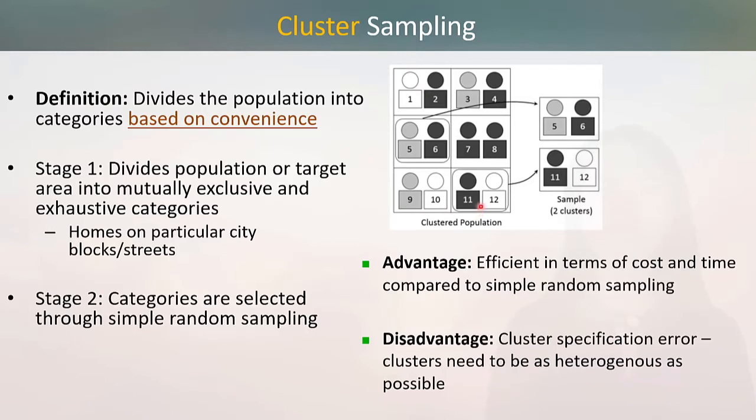The advantage of this sampling method is that it is cost and time efficient. However, if the clusters are too homogeneous, they are not good representations of the entire population, and in this case, stratified sampling is a better choice.